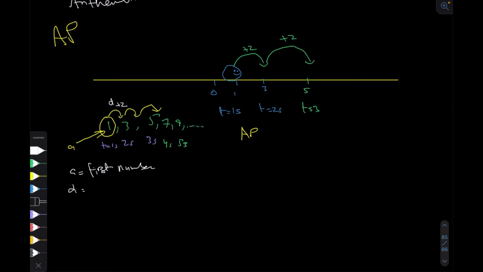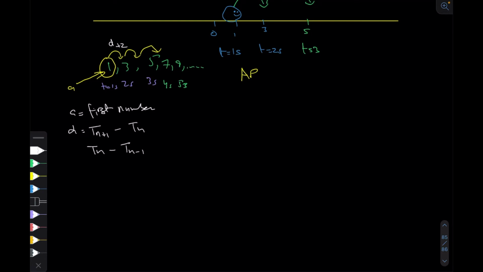D is my difference between the two terms. So for the n plus 1th term, Tn plus 1 minus Tn, or you could say Tn minus Tn minus 1. Basically, D is just a term minus the previous term.